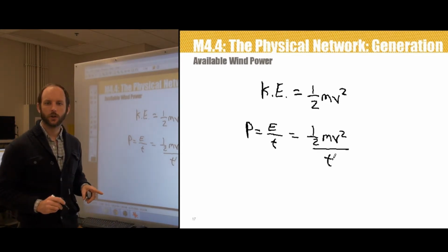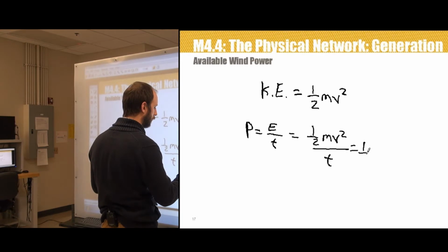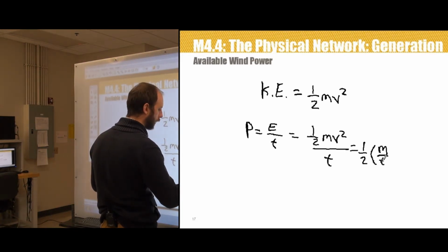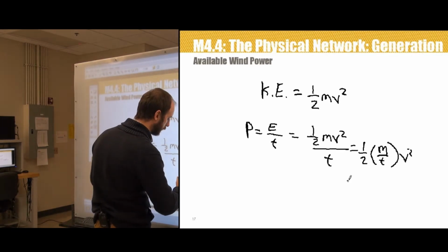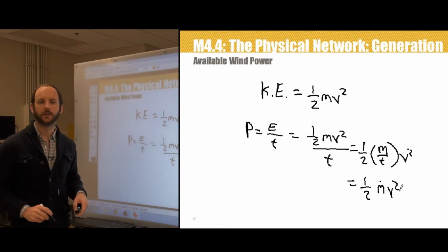Now we're just going to do a little bit of rearranging. We get 1/2, mass over time times velocity squared. This is equal to 1/2, and I'm going to introduce a new symbol, a thermodynamic symbol, m dot v squared.